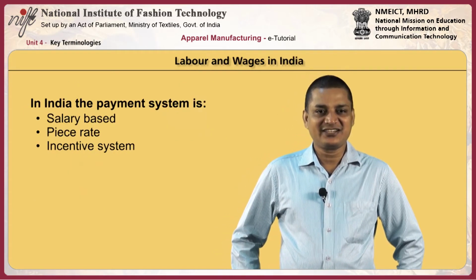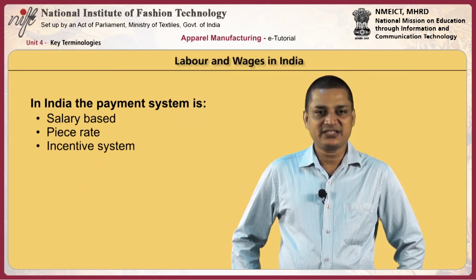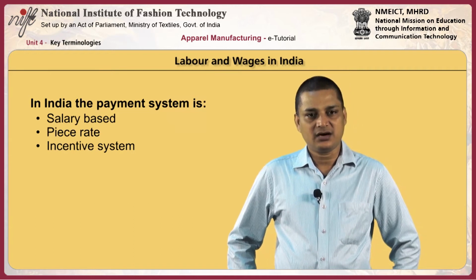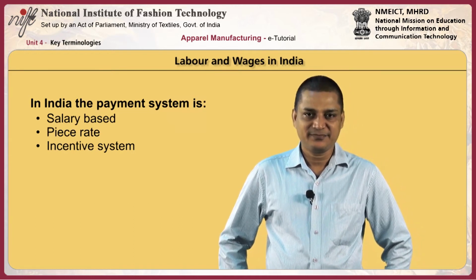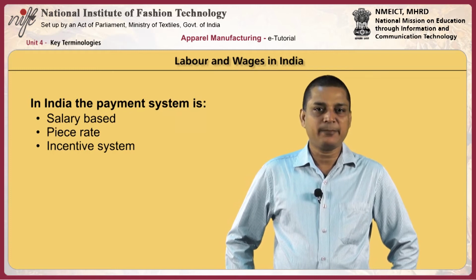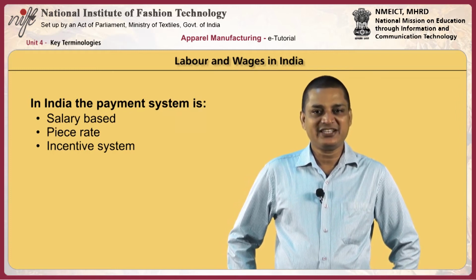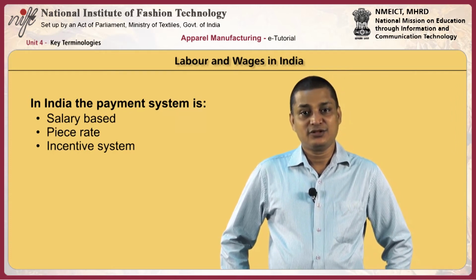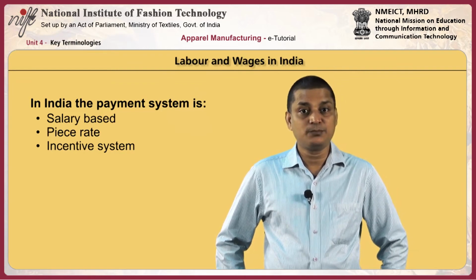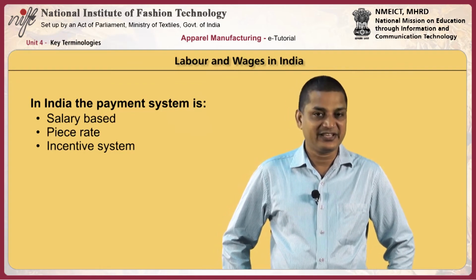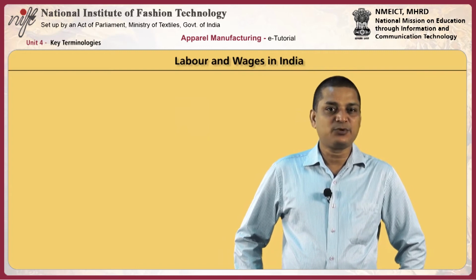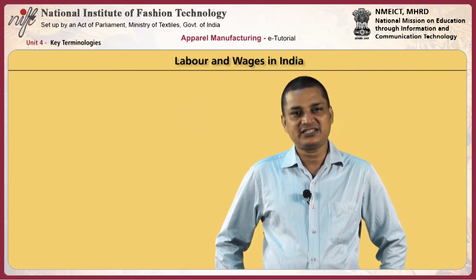As India is a vast country, the payment system is salary based, piece rate or incentive system. Indian exporters still pay more attention to quantity than quality, though much money is lost due to poor product quality every day. Indian exporters mostly prefer the piece rate system.